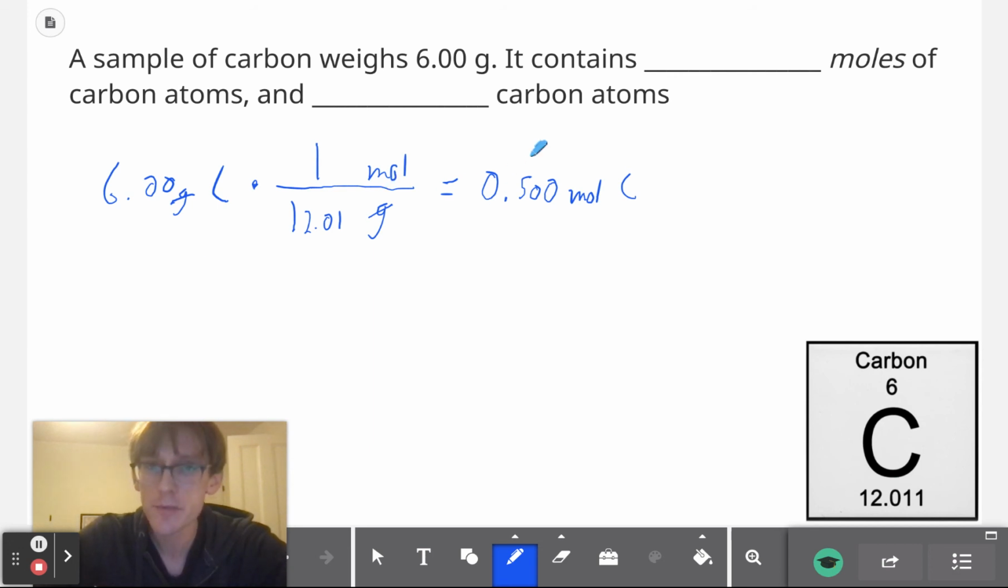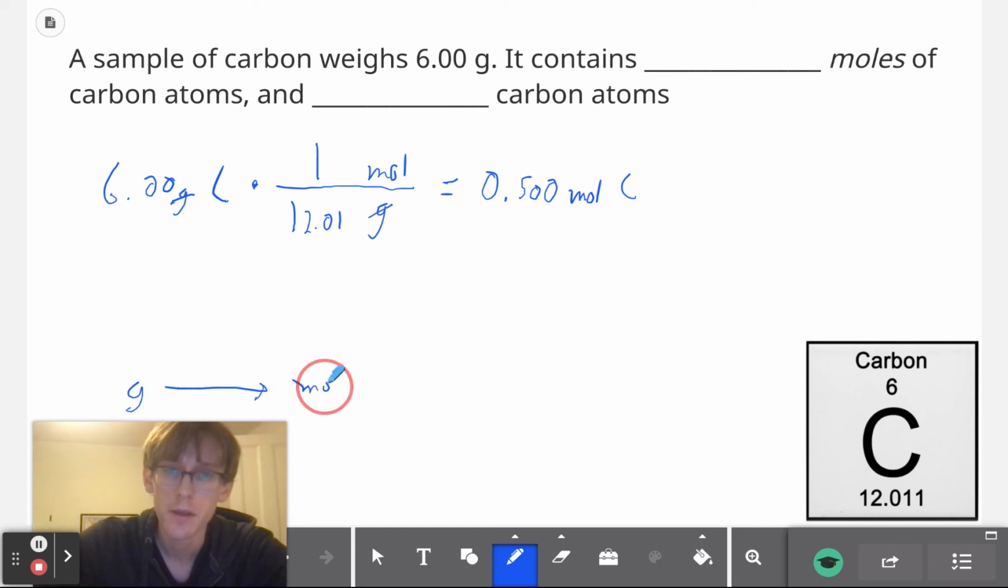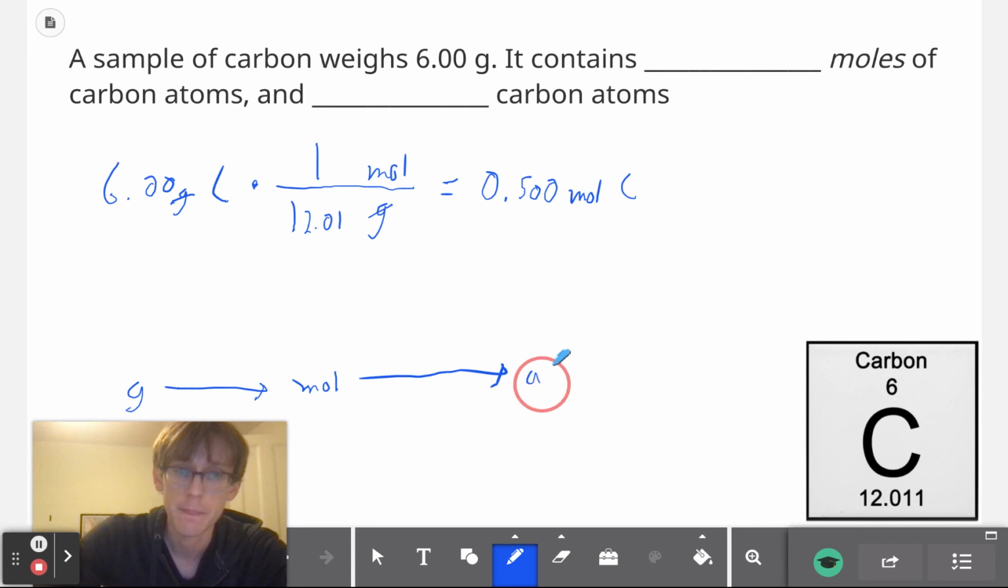We could do this by taking the mole and going to grams, but I do want to show you one thing. If you start with grams, you can go to moles, and from moles, you can go to atoms.